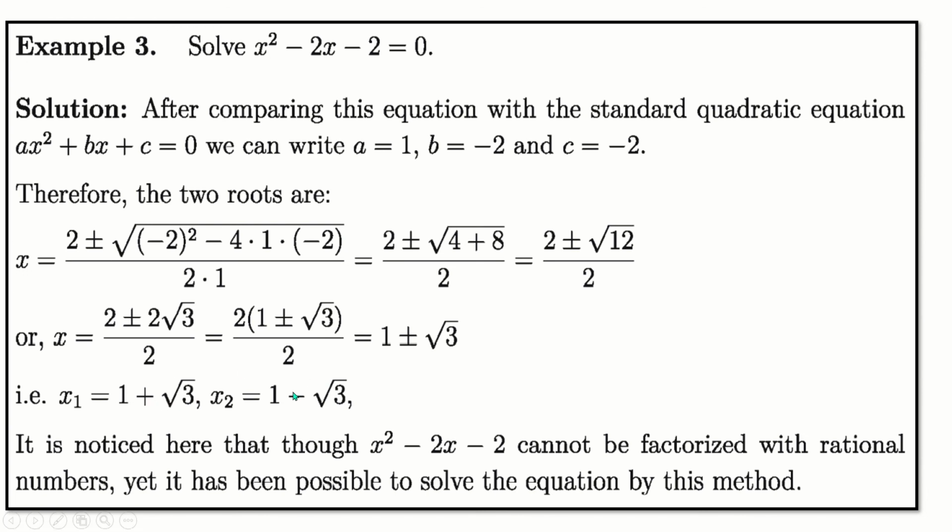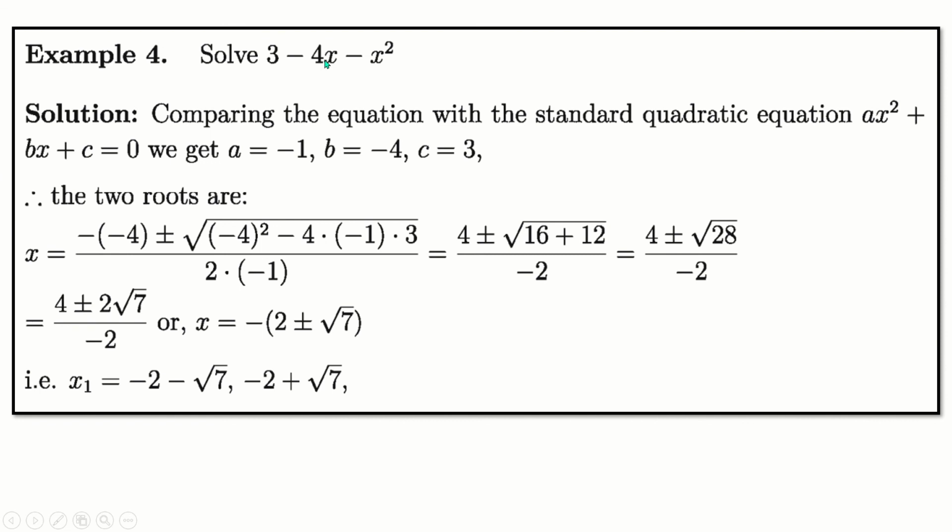Here is 1 + √3, here 1 − √3, both are not equal, that means unequal, and irrational, as root 3 is an irrational number. Clear everyone? Okay.